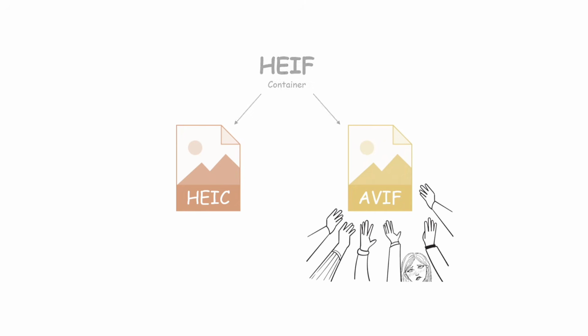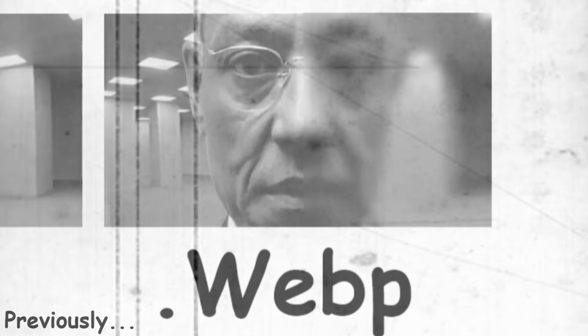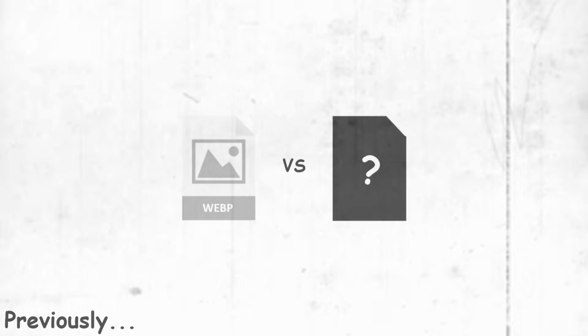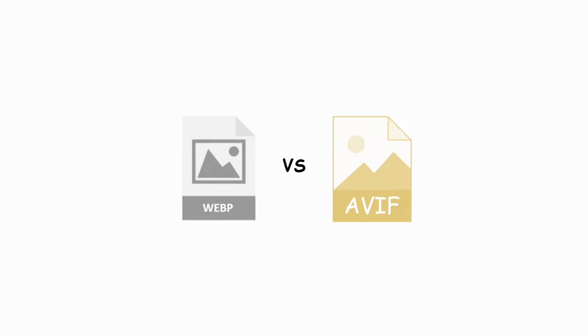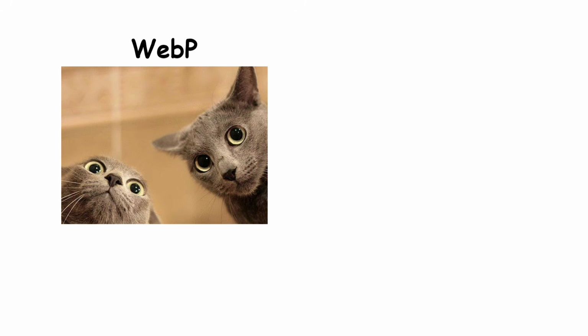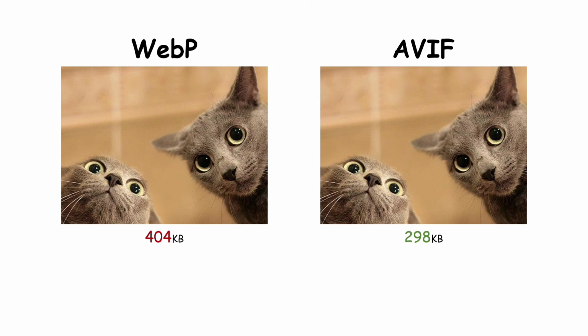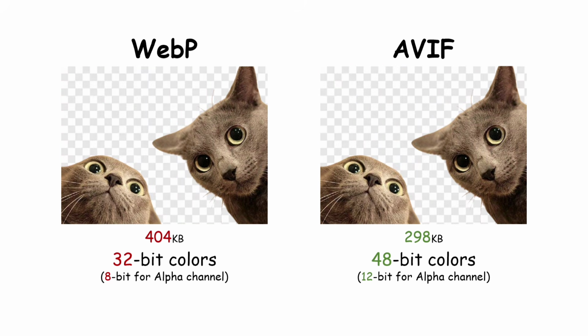AVIF is the second and most widely used format with the HEIF container, which uses the AV1 codec. If you've seen the previous part, you probably remember that in the WebP section I said it has a powerful rival. AVIF is exactly that rival. Compared to WebP, AVIF has a shockingly smaller file size, supports up to 48-bit color depth, can have up to 12-bit transparency levels, and also, like WebP, supports both lossy and lossless compression methods.